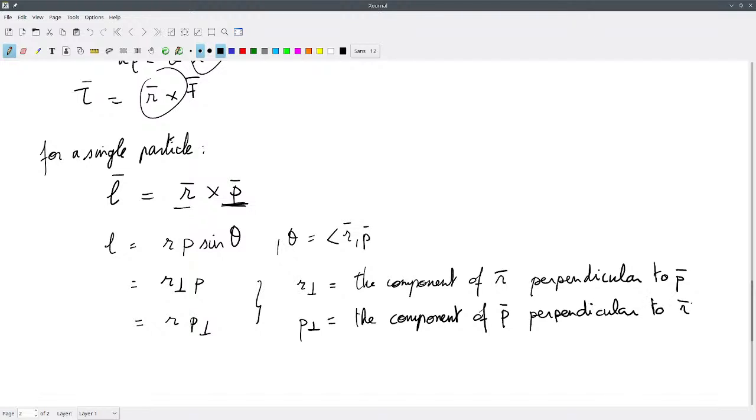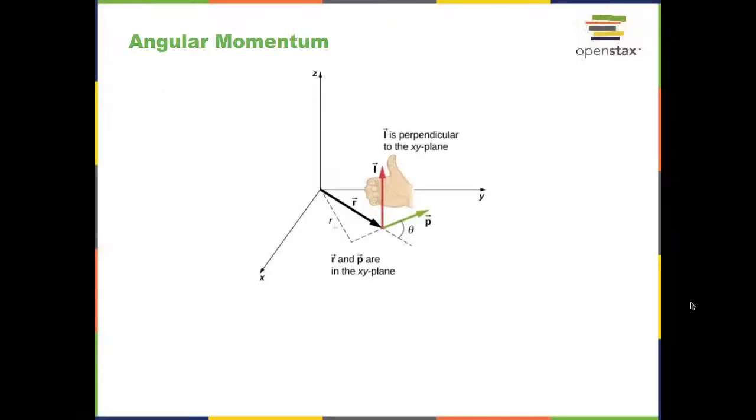So if we go back to the slide here, r perpendicular is the perpendicular component of r perpendicular to the momentum, and we could have drawn here a component of the momentum that's perpendicular to the direction of the vector r.